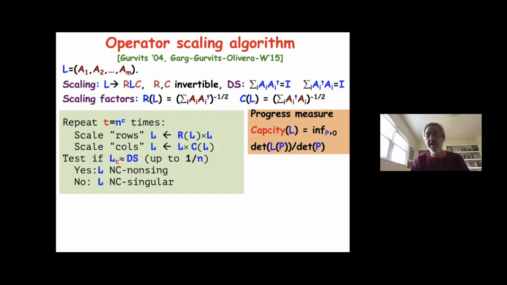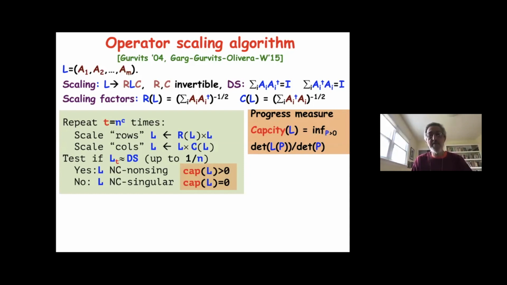It's basically a very natural notion. You look at the ratio between the input of the operator and the output of the operator, or the output over the input, over all PSD matrices. The reason he chose it is that it has the same properties that we wanted. First of all, it's related in exactly the same way as the permanent to the answer.